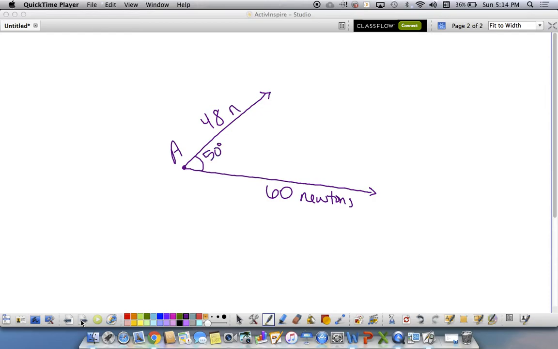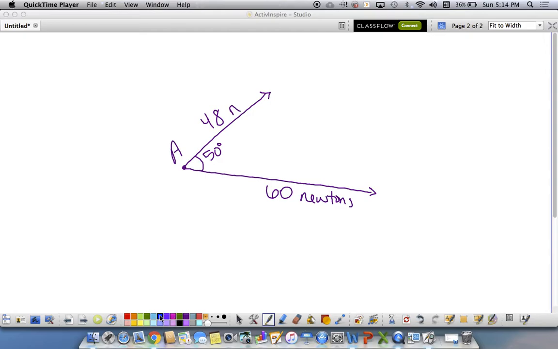Find the magnitude of the equilibriant of forces of 48 newtons and 60 newtons acting on point A if the angle between the forces is 50 degrees. Then find the angle between the equilibriant and the 48 newtons. That's a different problem that we're going to have to talk about also.